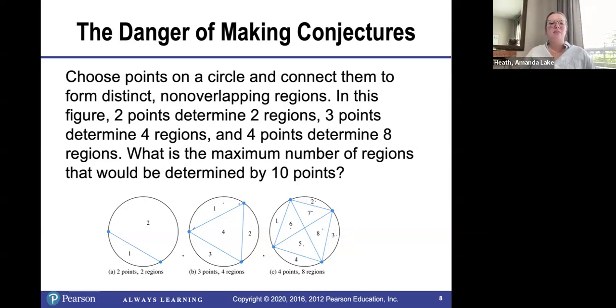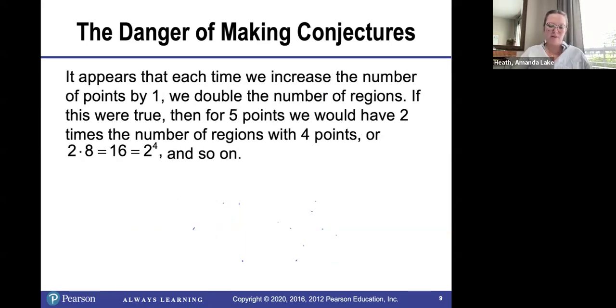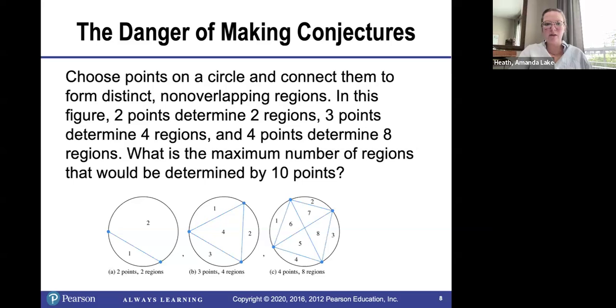So we might ask ourselves, what's the maximum number of regions that we could determine by 10 points? We might start approaching this problem by first thinking about 5. Now we saw a pattern here, right? That the number of regions is actually doubling every time we add another point and connect it to the others.